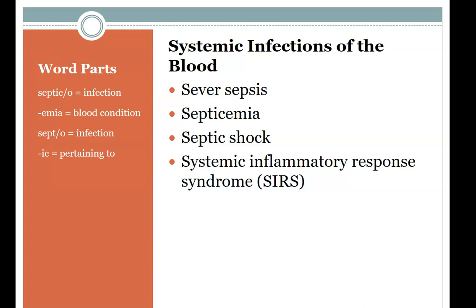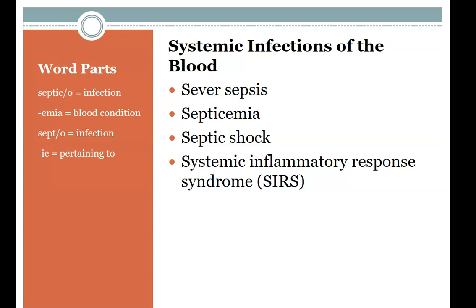Systemic infections of the blood. Severe sepsis is an inflammatory response affecting the whole body caused by an infection, trauma, or ischemia. Septicemia is a systemic infection in the blood caused by pathogens that have spread from elsewhere in the body.